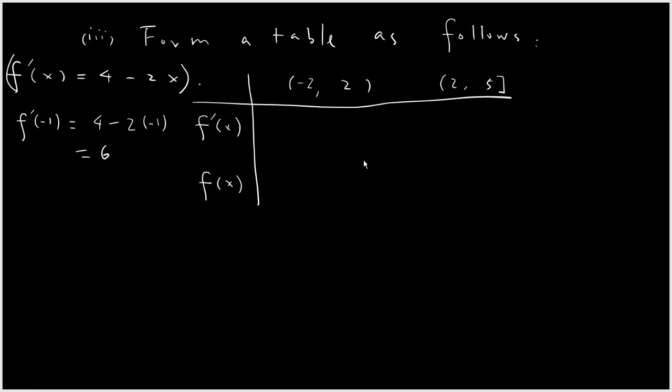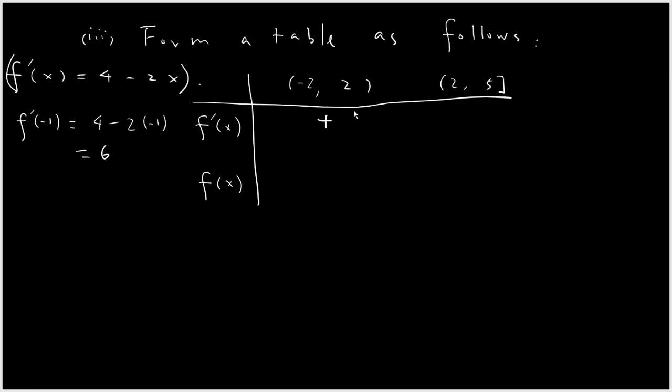When you see the value of the function at any number on that interval is a positive number, you write a positive sign in here. If you want to convince yourself, you can choose any test number on the interval. As long as you get all the critical numbers properly, as long as you divide the domain into subintervals properly, it's always safe to use the test numbers to determine the sign.